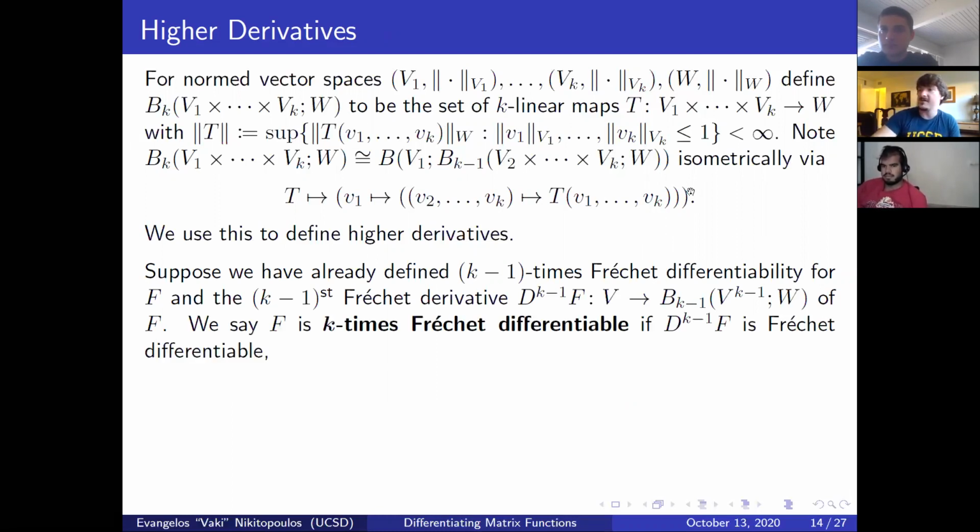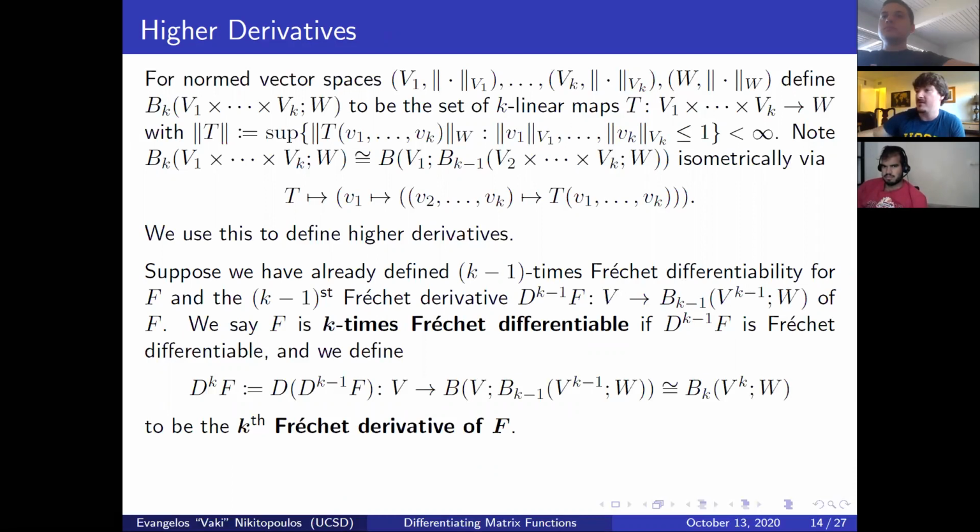We're going to inductively say that f is k times Fréchet differentiable if the k-1 derivative, as a map from v to this normed vector space, is Fréchet differentiable. We define the kth Fréchet derivative to be, as you might expect, the Fréchet derivative of the k-1 Fréchet derivative, with the identification of this as the k-linear maps from all the copies of v to w.